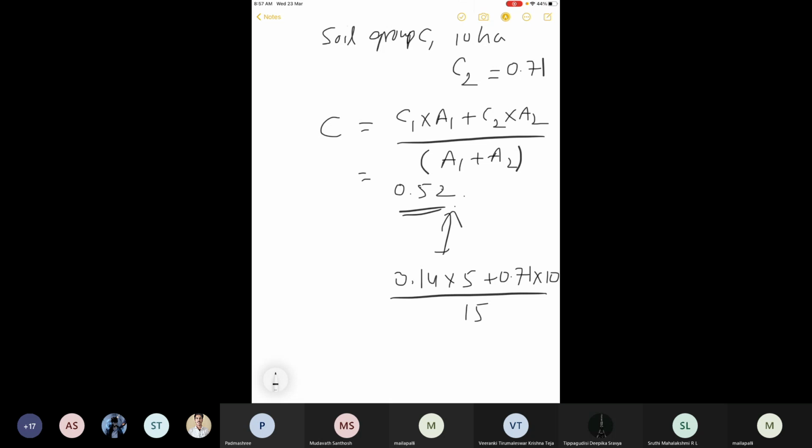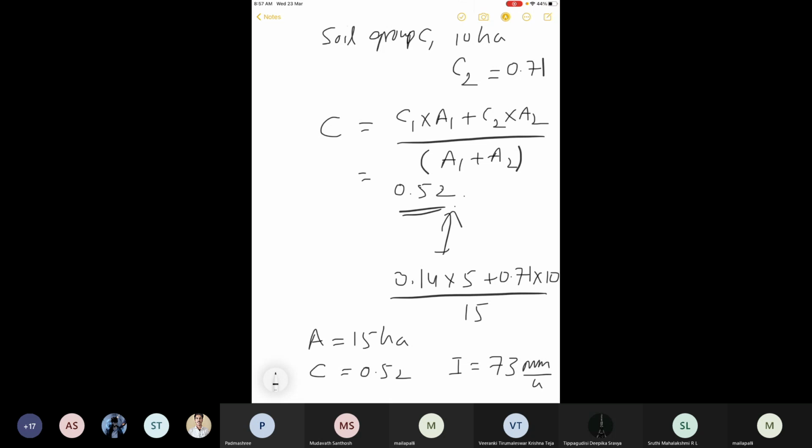So now we know the C value, I value, and A value. So now we substitute in this equation. A is equal to 15 hectares, C is equal to 0.52, and I is equal to 73 mm per hour.